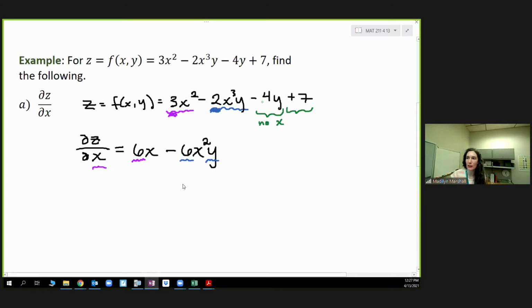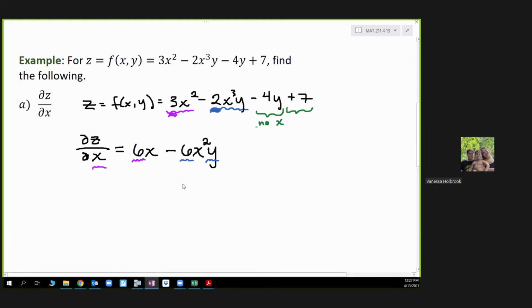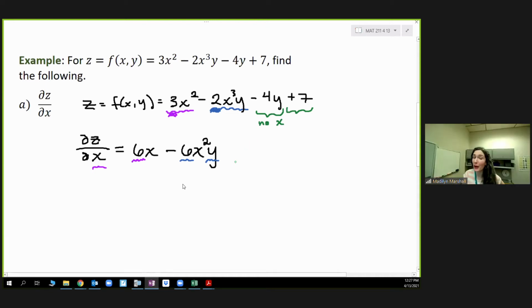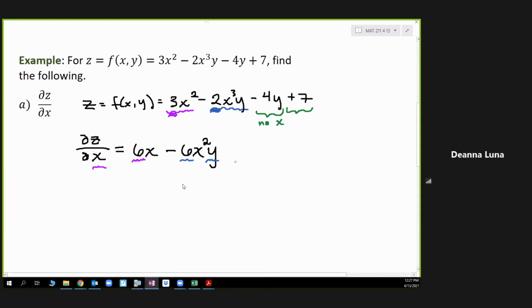So what would be the derivative of -4y if there's no x in it in this case? It's -4? That would be the derivative with respect to y. It's 0. Oh, 0. Exactly.